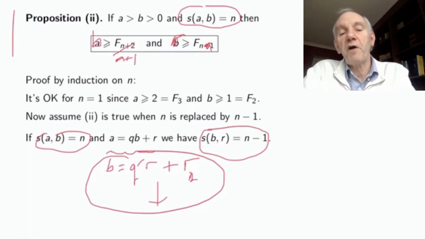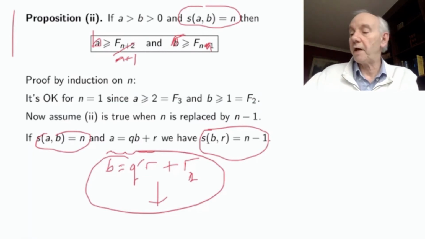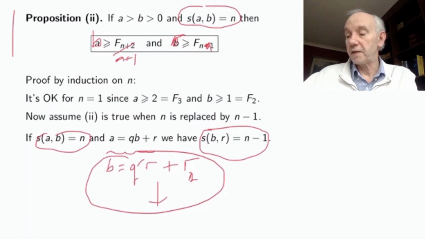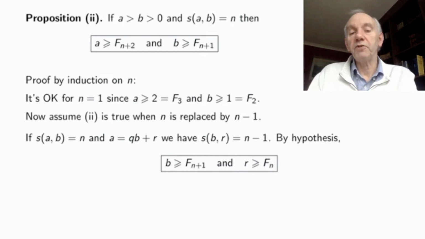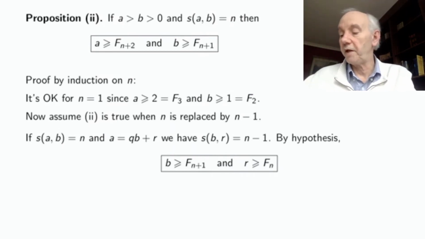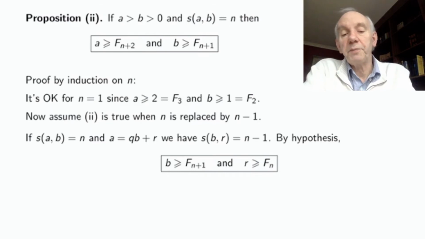That's what our inductive hypothesis will tell us. Okay, so let me clean that up and retype it. That's our conclusion. So this is what I've just said here: B is at least as big as f of n plus 1 and R is at least as big as f of n.